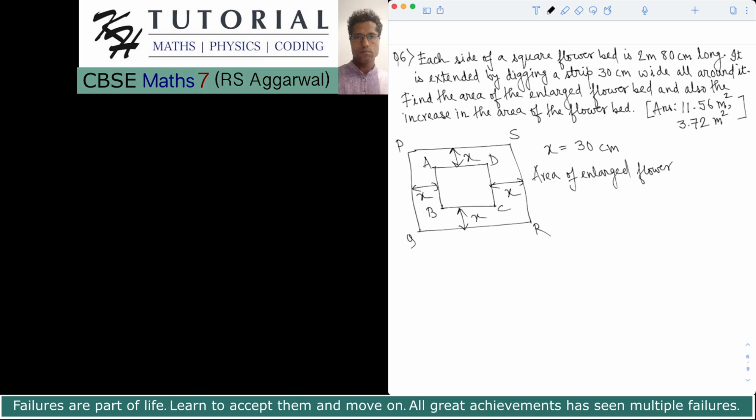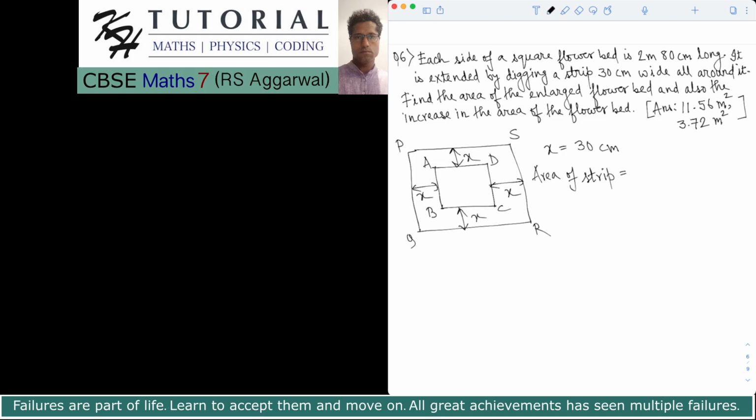It is asking the area of the enlarged flower bed, and the increase in area of the flower bed. Basically, the increase in the area of the flower bed is nothing but the area of the path, which in this case is the strip. So let's find what is the area of the strip.